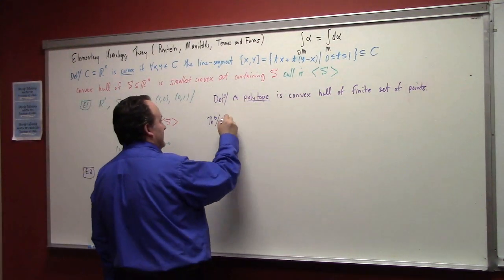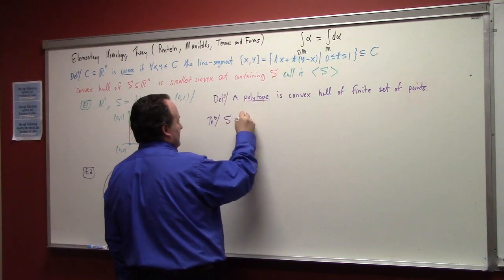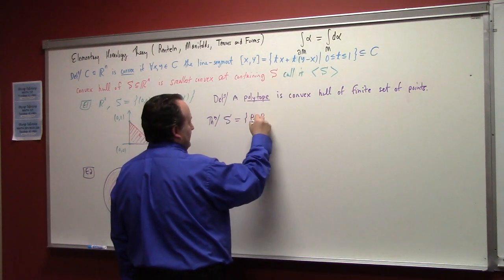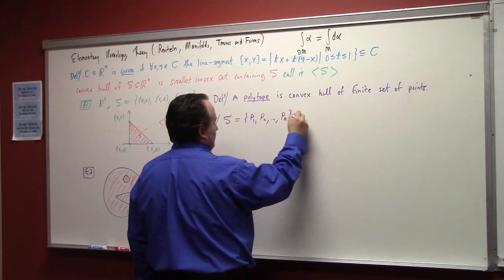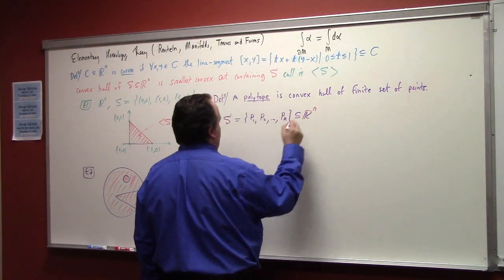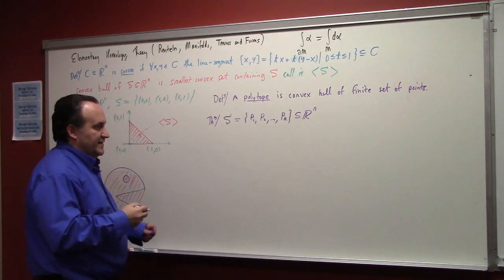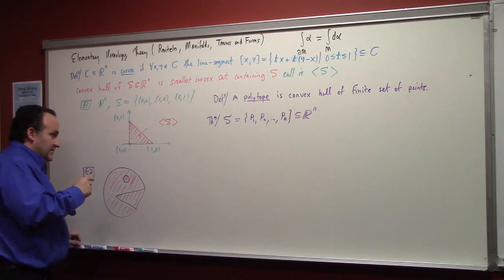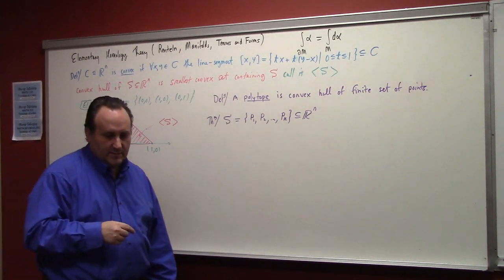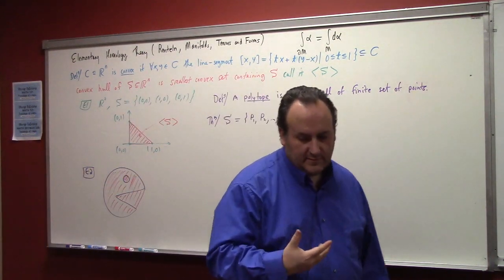So take a finite set of points p1, p2, ..., pk, a subset of Rn. This theorem, also known as exercise 5.1 in chapter 5 of Renteln, says that the convex hull of this, you can calculate it.